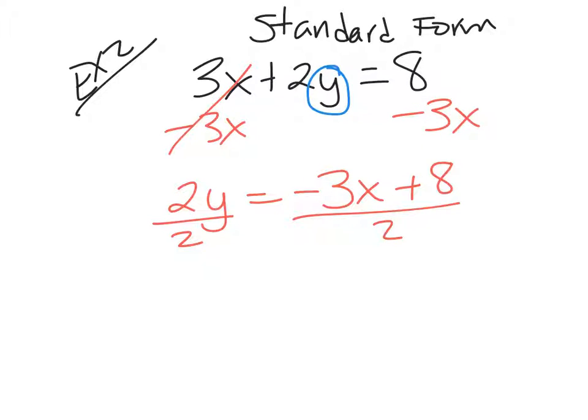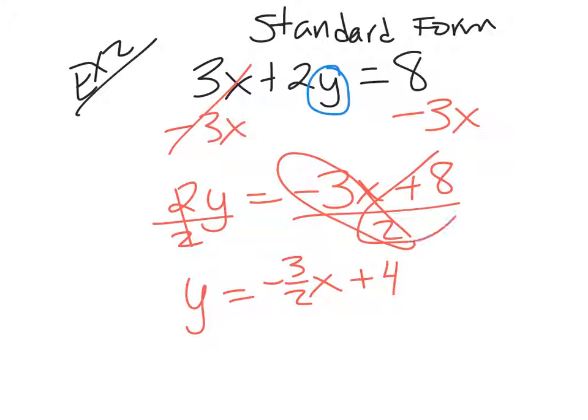You divide everything by 2. So I get y equals negative 3 over 2x plus, what's 8 divided by 2? Negative 3 over 2x, because you divide that 2 to both sides. See? You divide it here and here.